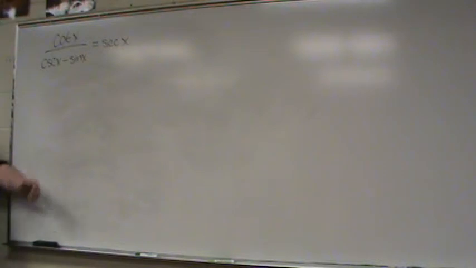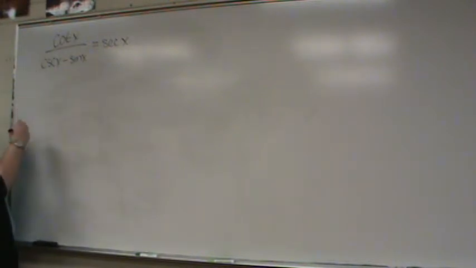And looking at each of our terms, what do we notice? We should put them in terms of sine and cosine because, again, we don't have anything that's squared. So, what's cotangent?